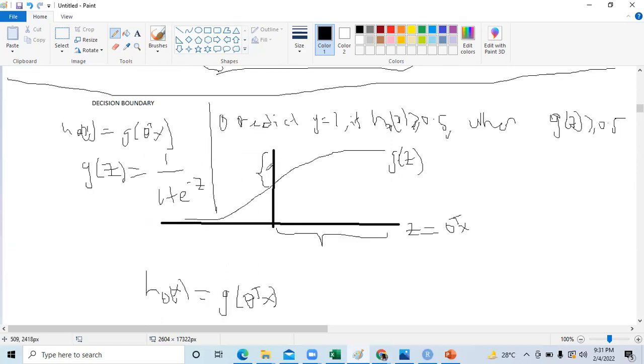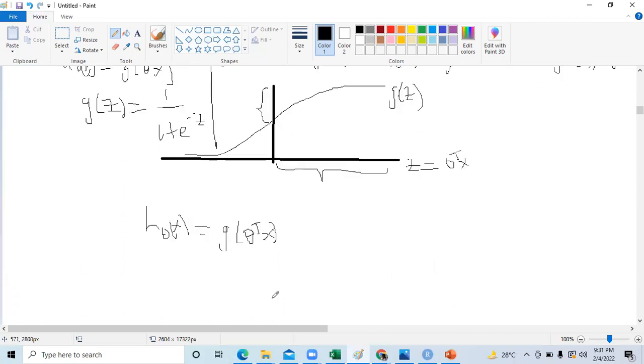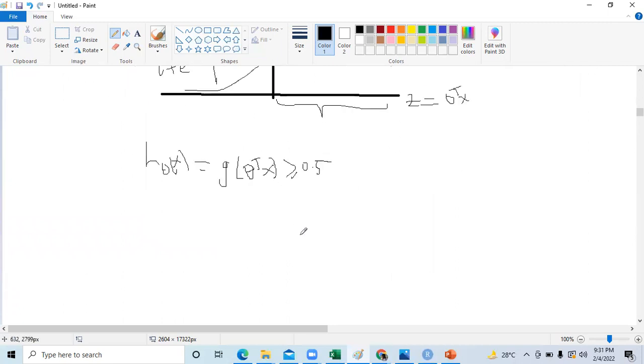And we are saying that this g of z needs to be greater than or equal to 0.5, then theta transpose x, which is our z, needs to be greater than or equal to 0.